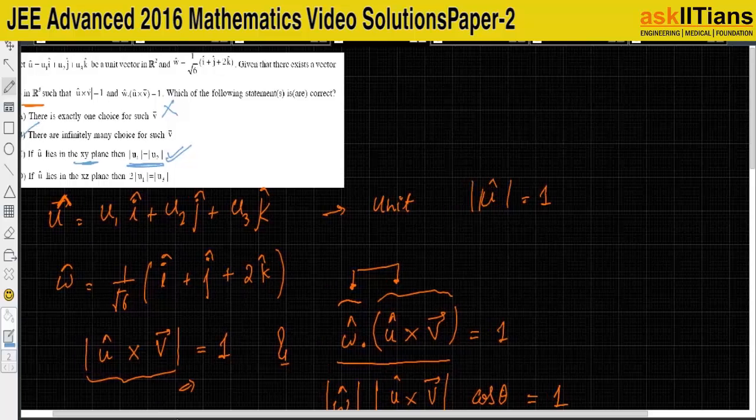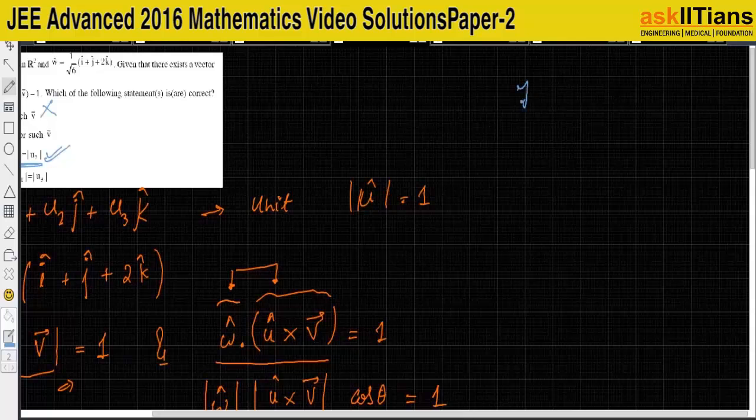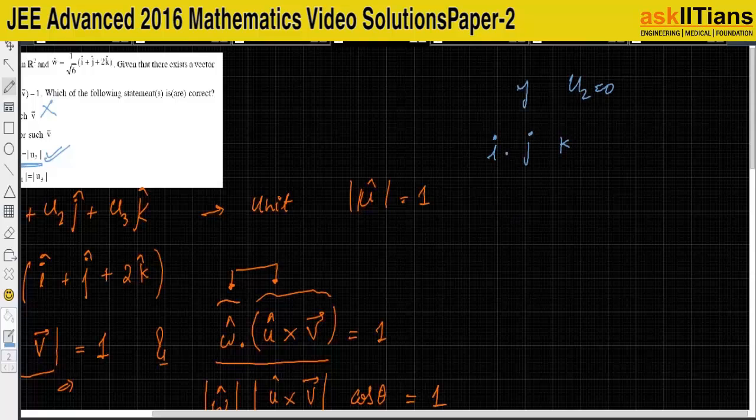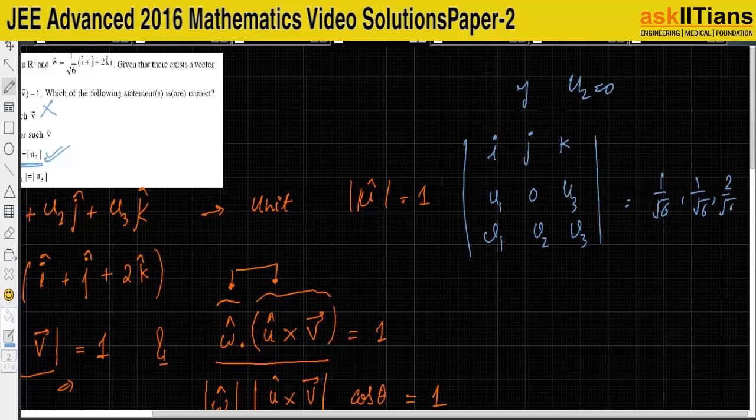If u lies on the xz plane, then the y component will be 0. The y component is u2, so u2 will be 0. Again I can do i, j, k. Here I will write u1, 0, u3, and v1, v2, v3. This vector is equal to 1 by root 6, 1 by root 6 and 2 by root 6. So let me compare directly.